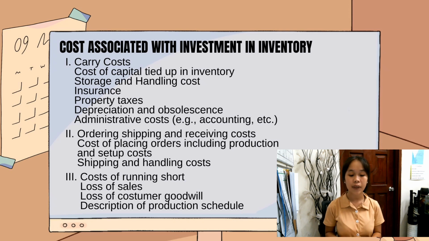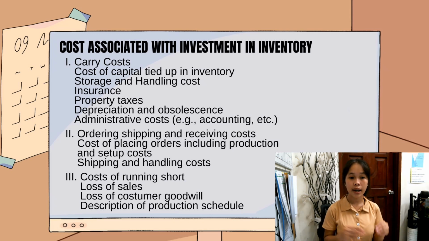To provide the inventory required to sustain operation at the lowest possible cost, it is necessary to identify all the costs involved in acquiring and maintaining inventory. The following are generally the costs associated with inventories, which could vary from firm to firm, from item to item, and also over time. So first is carrying cost.